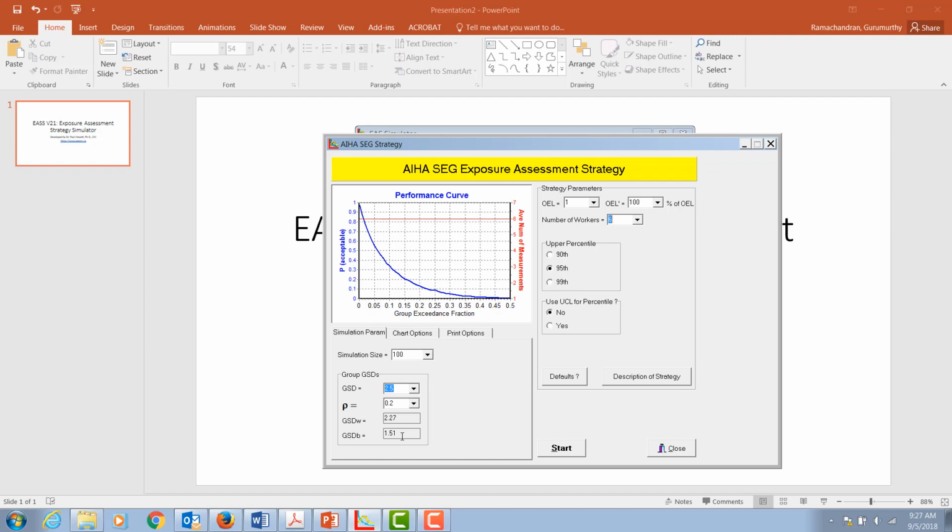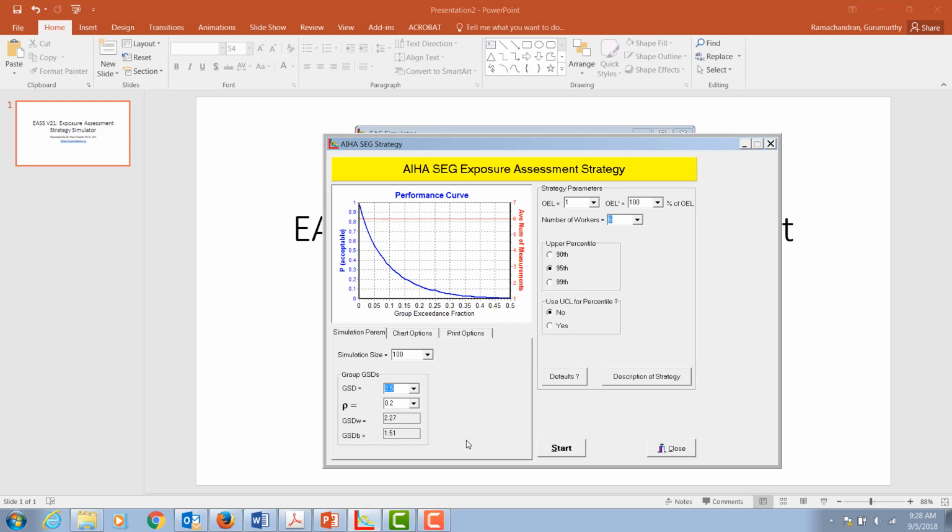So we can conclude from this, and also from the rho value, which is the ratio of the between worker variability to total variability, and that turns out to be 0.2. Rho, the ratio of the between worker variability to the total variability, is 0.2, which means that this is a relatively homogeneous group of workers.